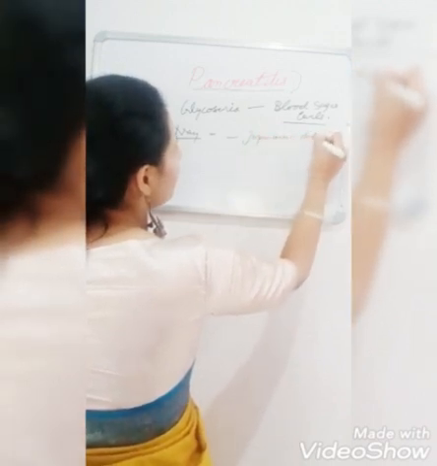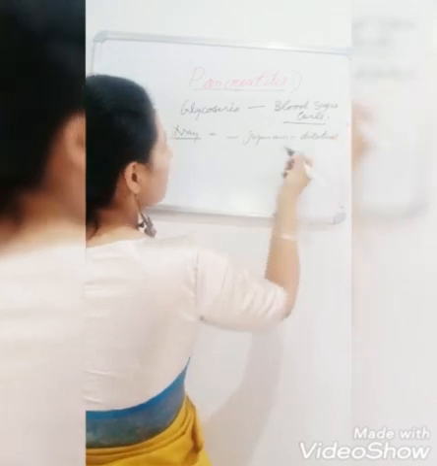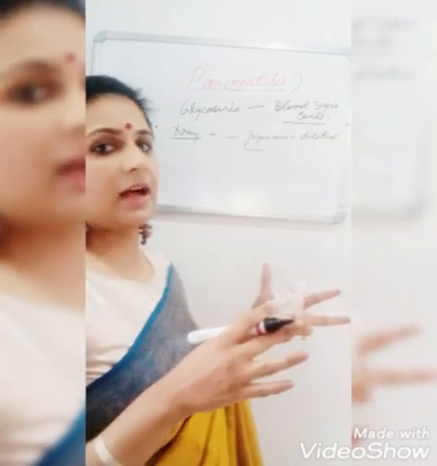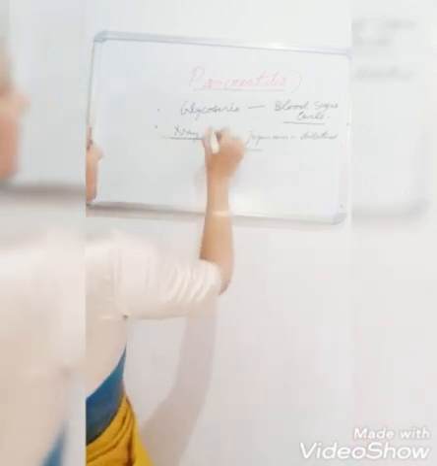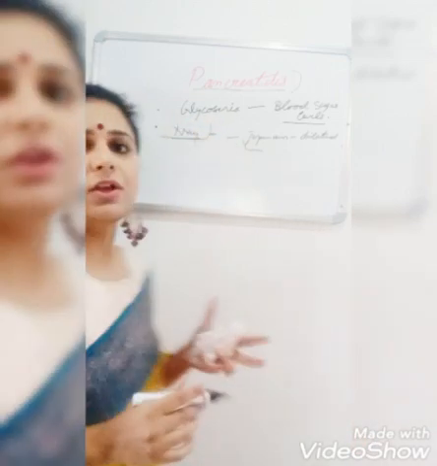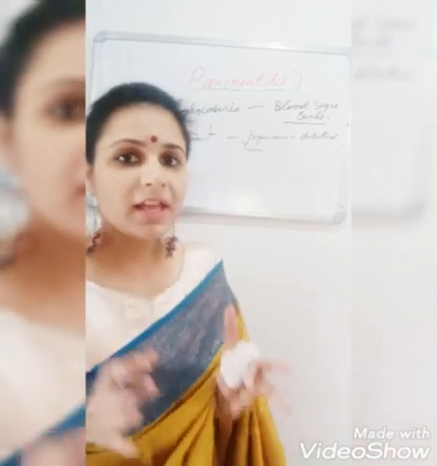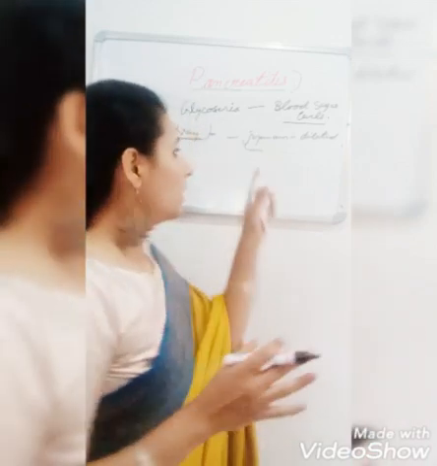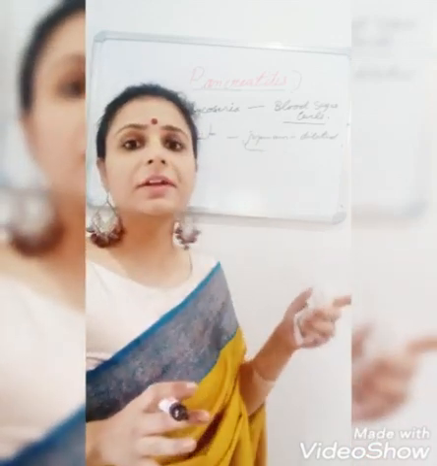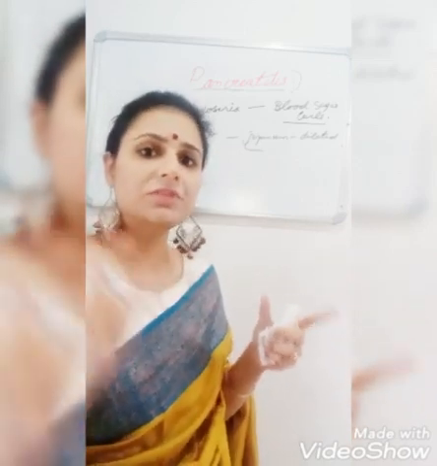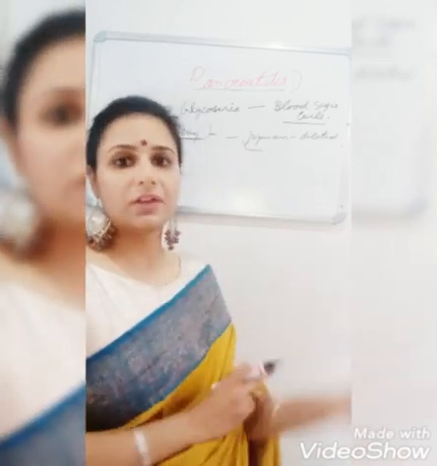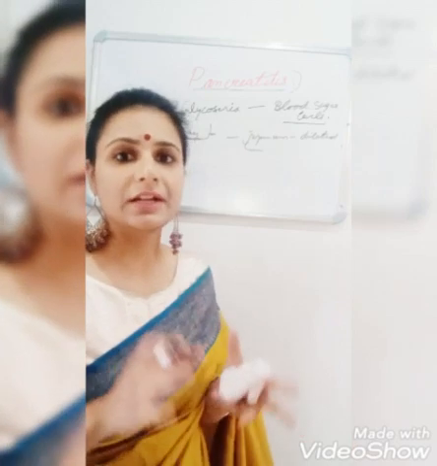A dilated loop of jejunum will be seen at the region of pancreas during the plain X-ray. This is the sentinel loop sign.